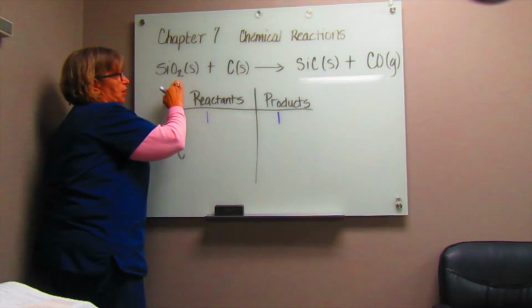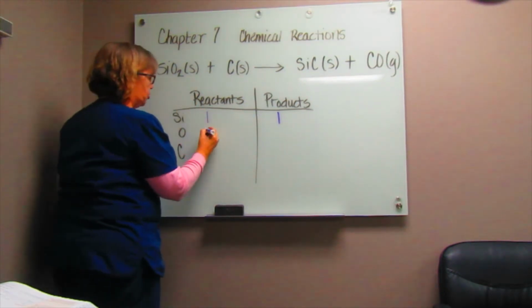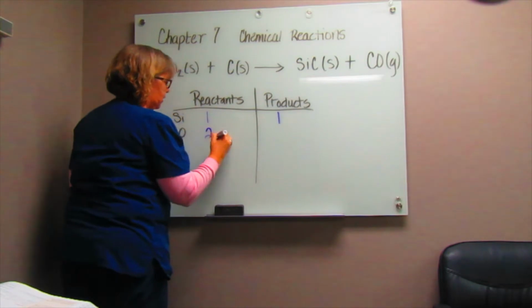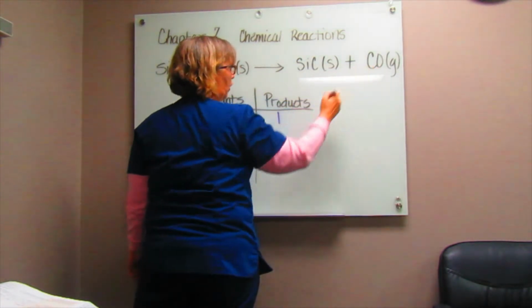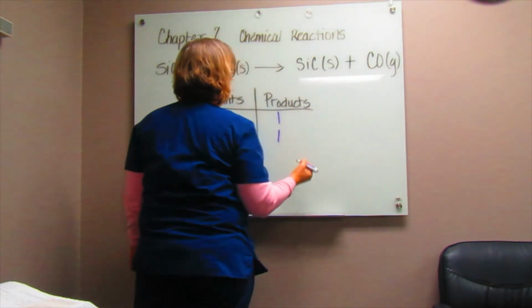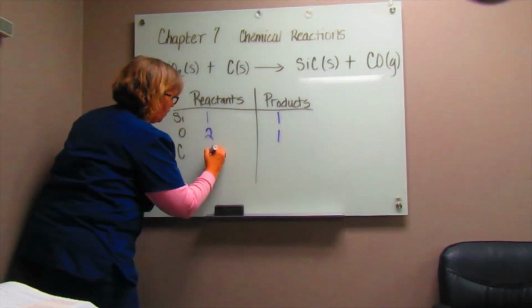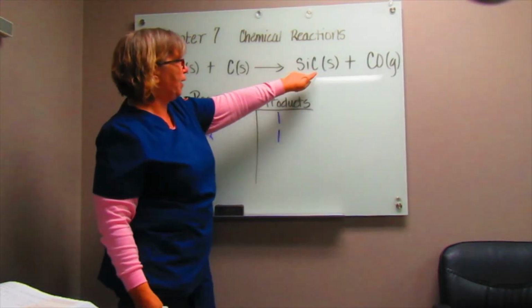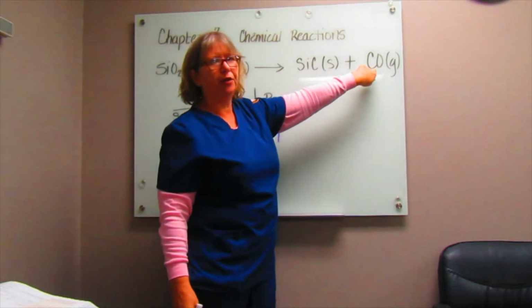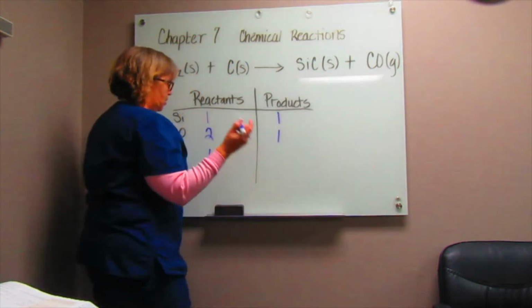Looking at our oxygen, we have 2 oxygen on our reactant side and only 1 on the product side. And then we have 1 carbon, but we go to our product side and we have a carbon here and a carbon here. Okay?